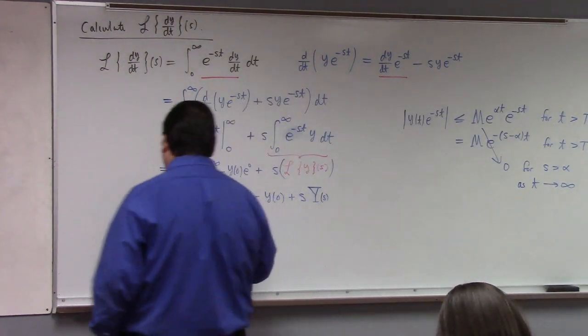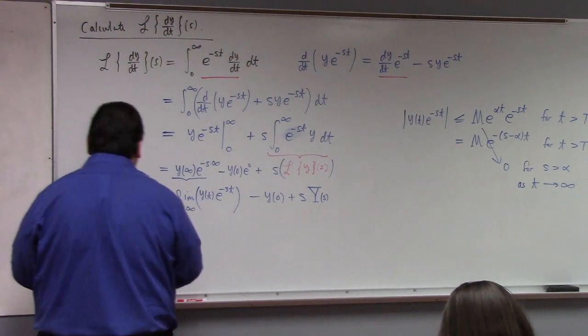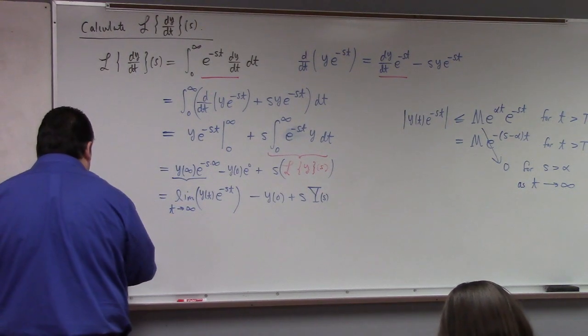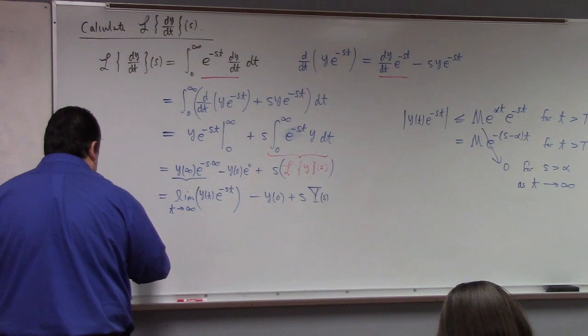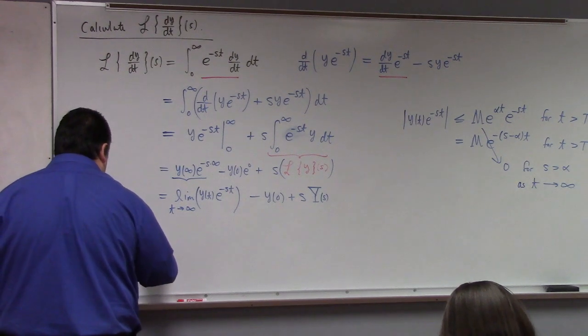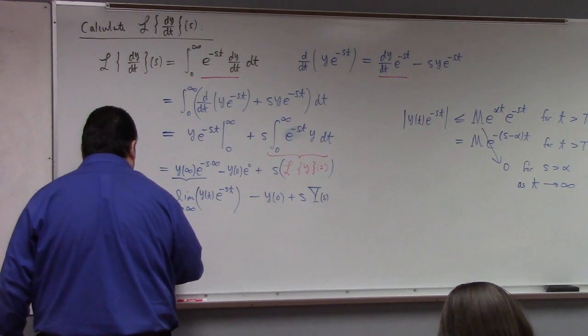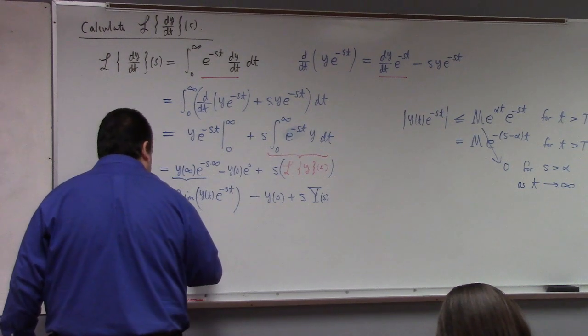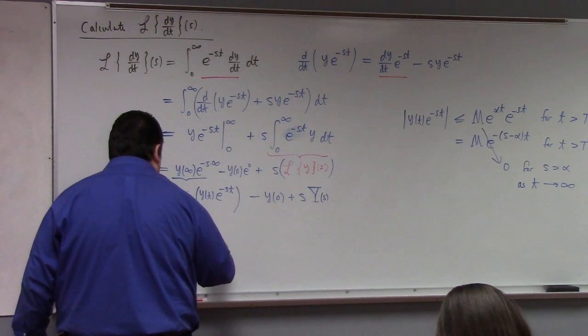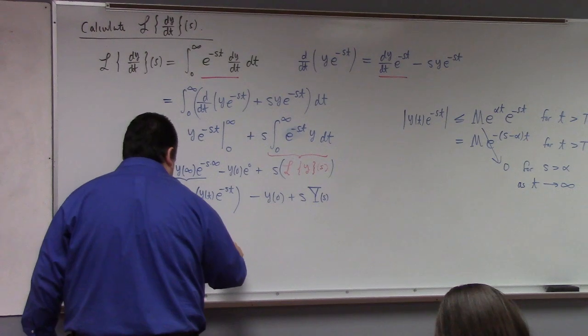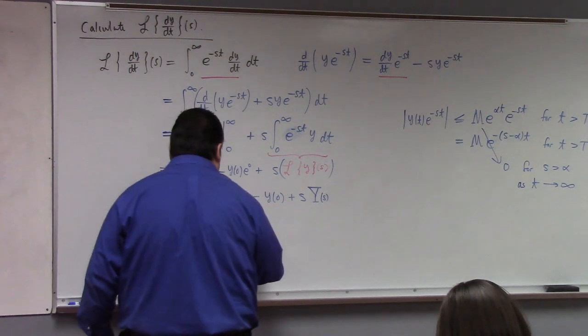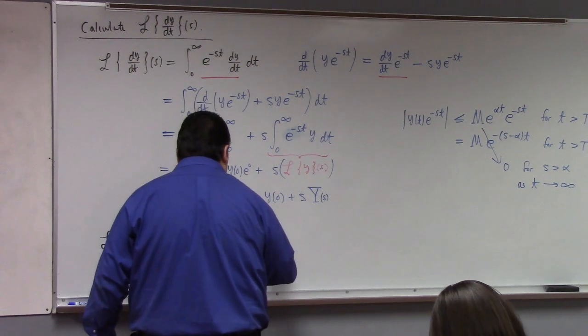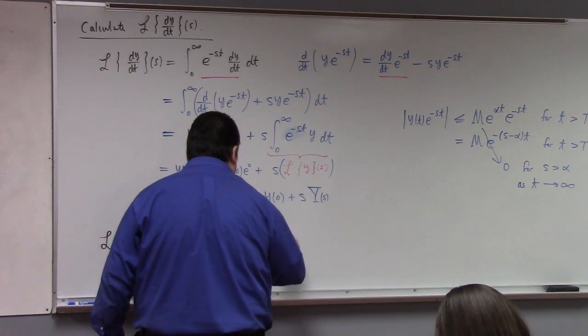Which leaves us with the following result. The Laplace transform of dy dt at time s is equal to s times the Laplace transform of y of s, minus y of 0.